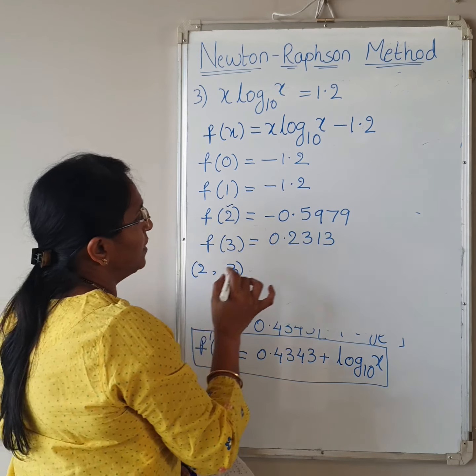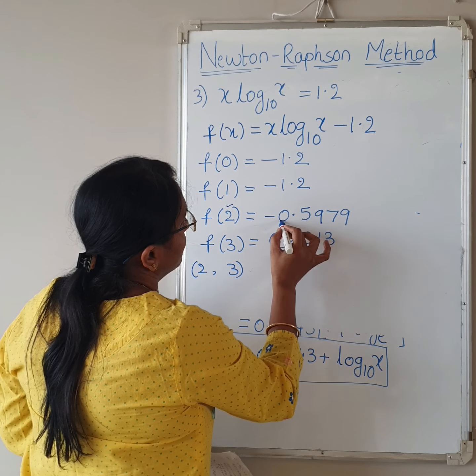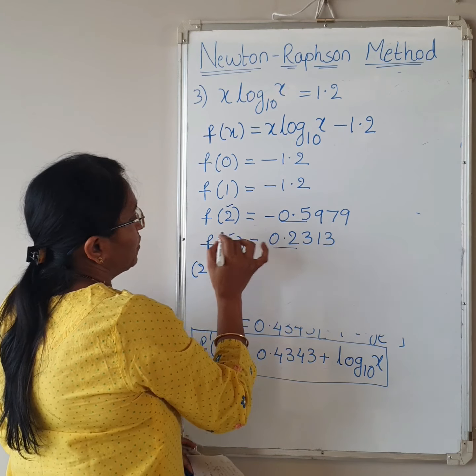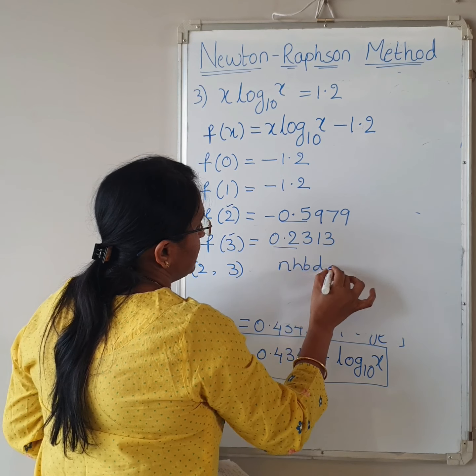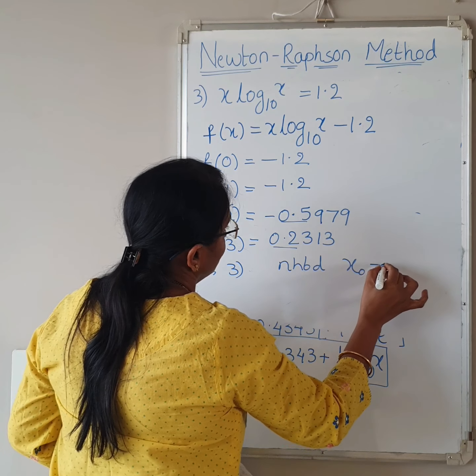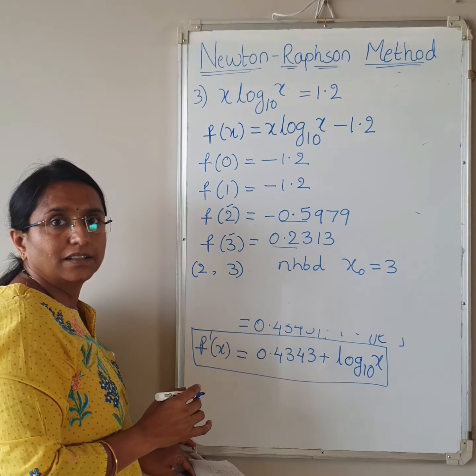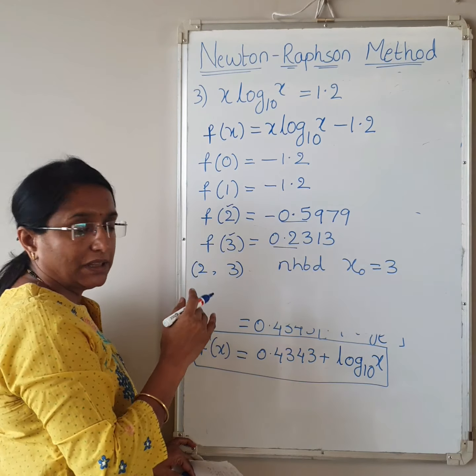Next we have to find out the neighborhood point. This is 0.2 and this is 0.5. So neighborhood point is 3. Therefore x naught is equal to 3. Now we will start calculating by using the NR method.